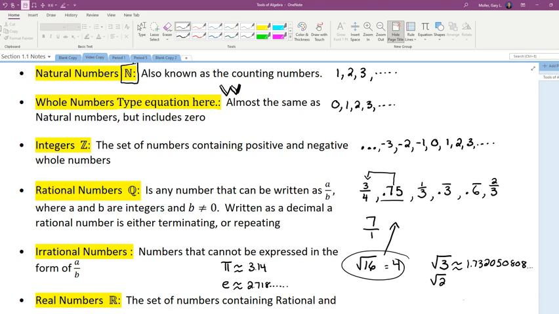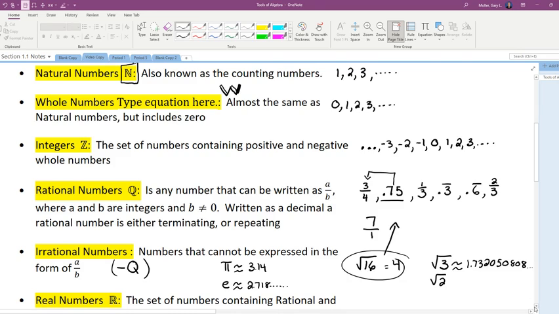The symbol for irrational numbers is actually, there isn't one, but since everything that's not rational is irrational, oftentimes you'll have a negated Q, the symbol for not Q, right? Is it irrational, or not rational? And so that would be the symbol for irrational numbers.